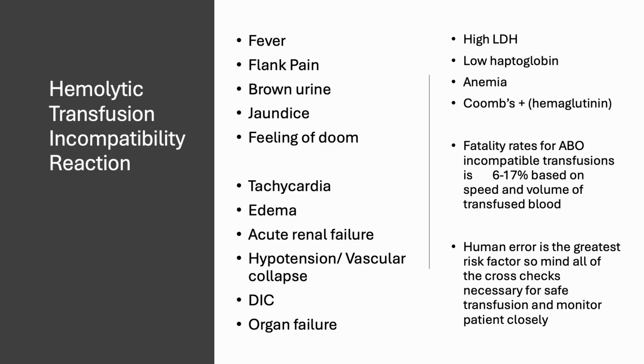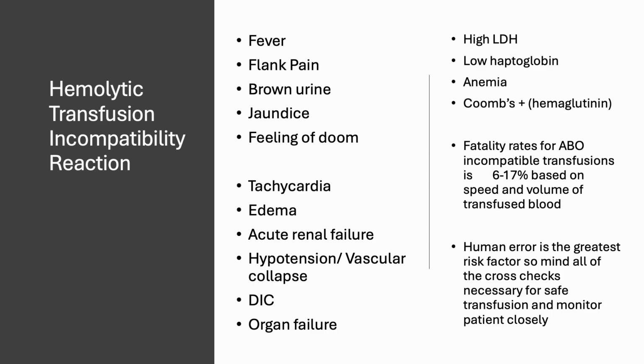This is an overview slide of the hemolytic transfusion incompatibility reaction. The person will have symptoms, including fever, chills, flank pain, which makes sense because the kidneys are really a big part of this. Brown urine, also showing that heme is going into the proximal tubules.